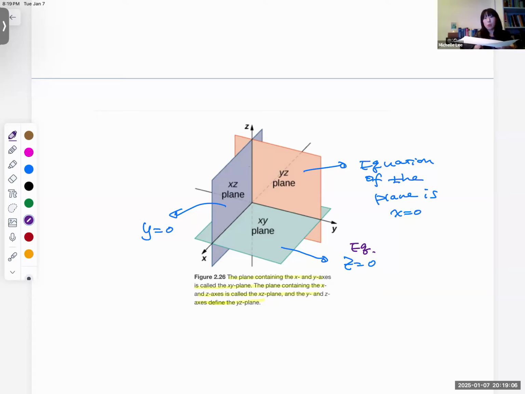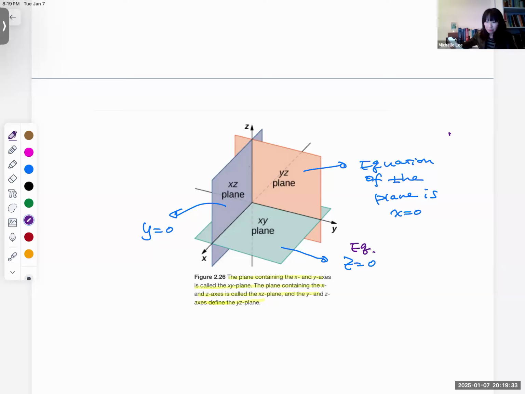Let me denote the equation, EQ, right? So z equal to 0, z equal to 1, z equal to negative 5, z equal to 0, z equal to 20. Make sense? That's the equation. We call this the XY plane. Make sense?